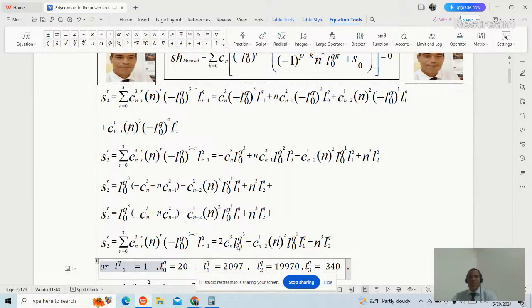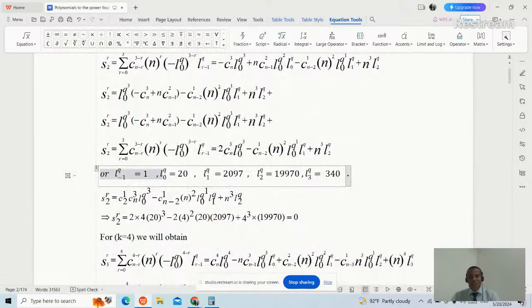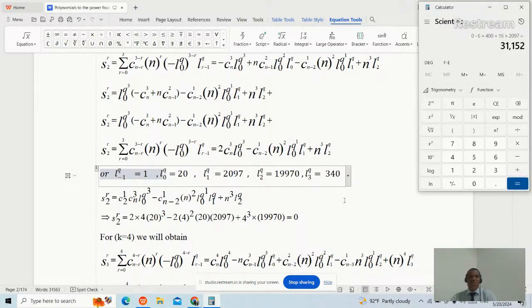Times this one, which is L0 cubed minus n minus 1 choose 1 and squared L0 of order q and 1 plus n cubed. Therefore, I will just calculate the value of this. Okay. And at the same time I'm calculating, you can also use your calculation and figure out the answer with your researcher, Mourad Sultan Ezouidi.